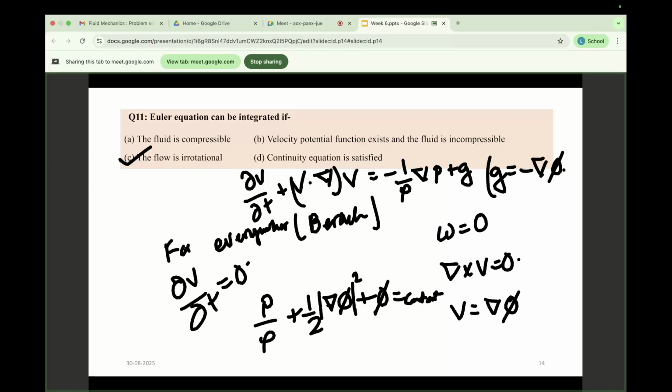If it is not along a streamline, then we also require irrotational flow, along with the previous conditions: inviscid, conservative force, and steady flow. All of these are required. Compressibility is not a sufficient condition by itself, so we need to check other conditions also. So option C is the better option here.